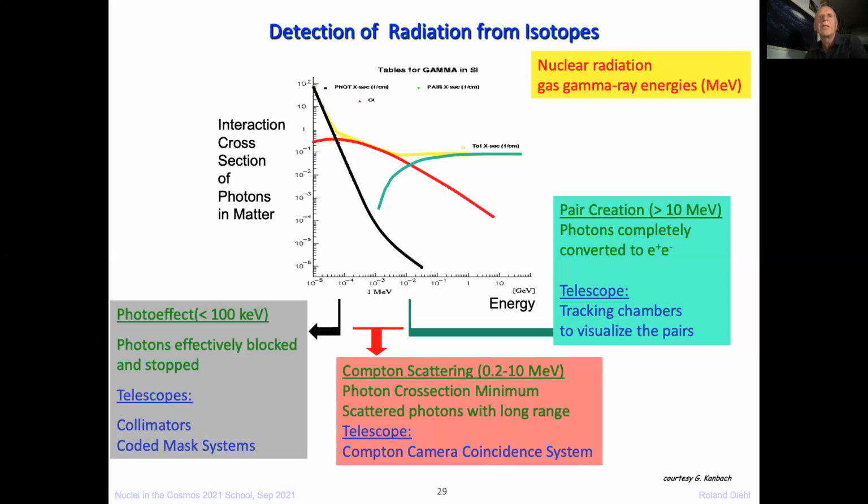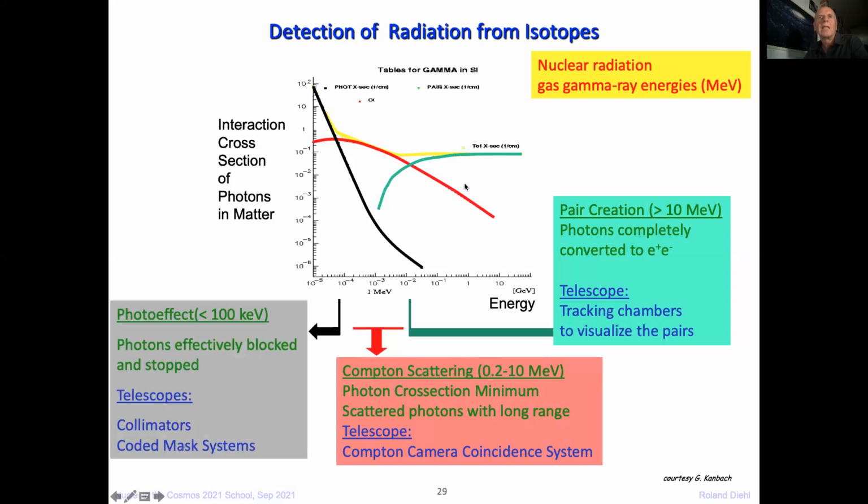At even higher energies, pair creation becomes important, and pair creation sets in above an energy of something like 1 MeV, and it becomes the dominant interaction at say GeV energies, which is shown here. So all the telescopes that measure energies above say 100 MeV or so are basically tracking chambers that measure the pairs that are created by pair creation in your detector.